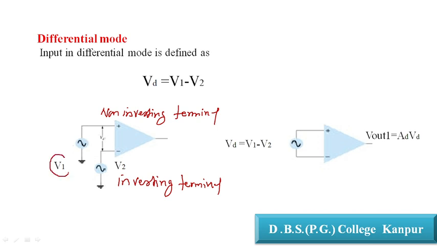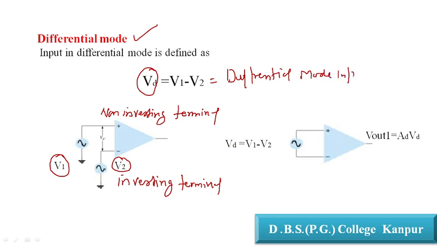So V1 is your non-inverting terminal voltage and V2 is your inverting terminal voltage. VD is the difference of both. That is called the differential mode input.